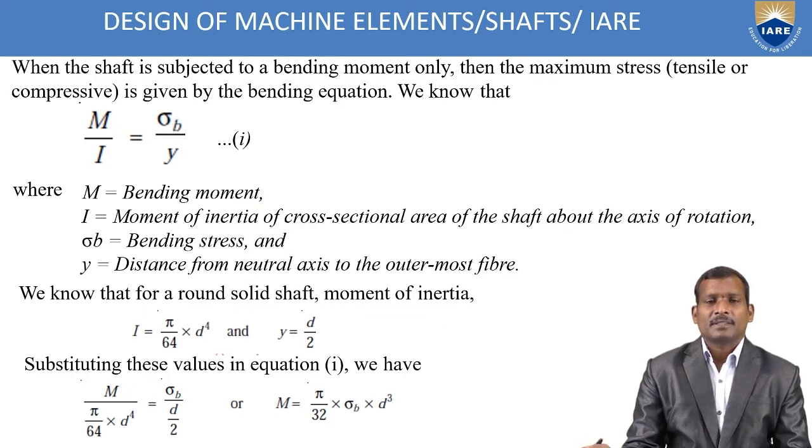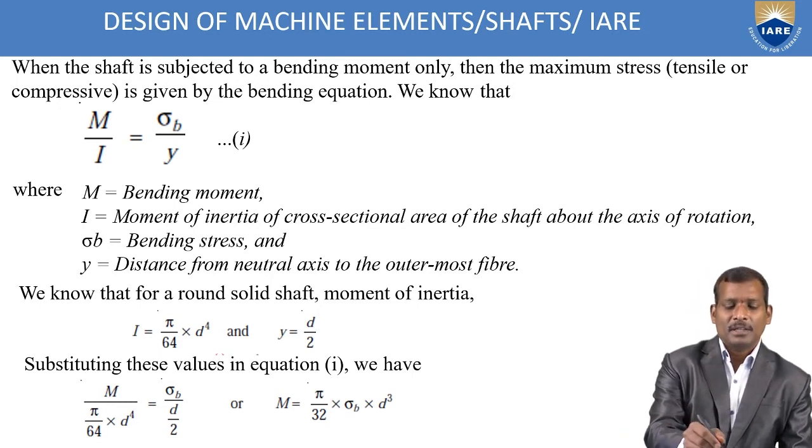Next, the second case. When the shaft is subjected to bending moment, there is no twisting moment. The shaft is subject to only bending moment, so while designing the shaft you should consider only the bending moment equation. Why? Because the shaft is subjected to bending loads. Then the maximum stress, which may be tensile or compressive, is given by the bending equation.